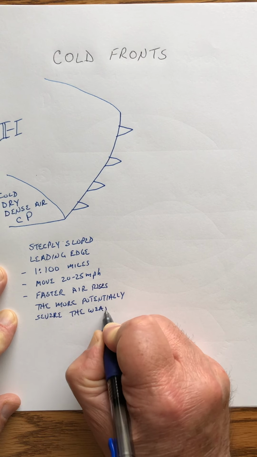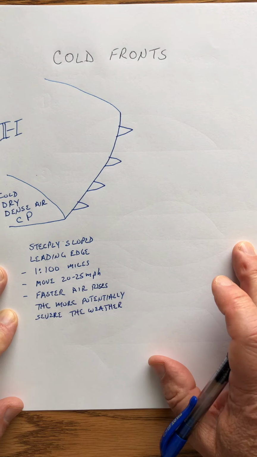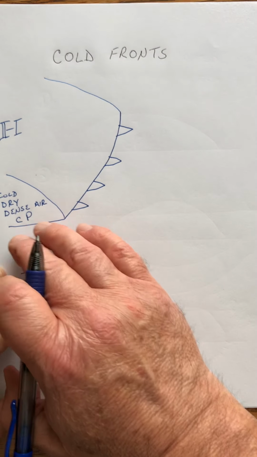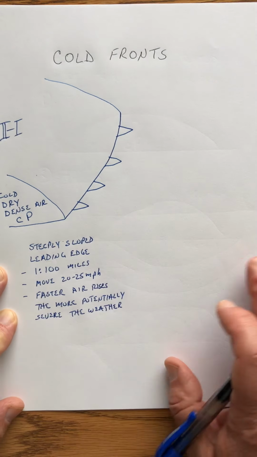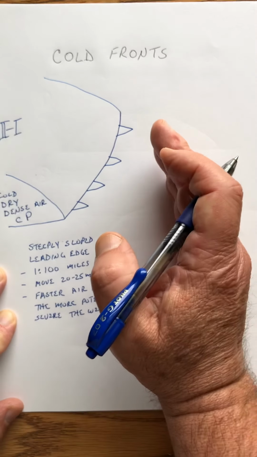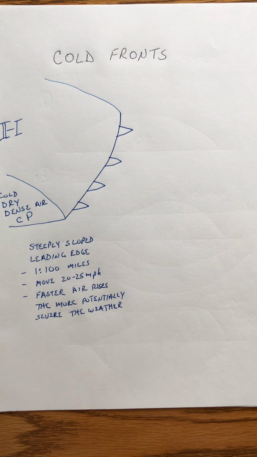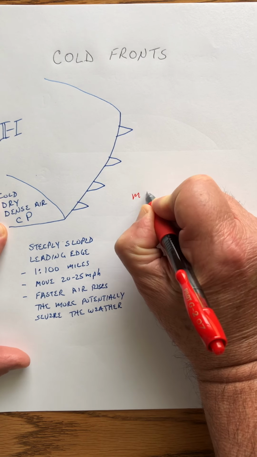And so you'll notice that when we get a really strong outbreak of severe weather, it's because we've got a really strong cold front, really a huge difference in the temperature and moisture content of the air behind the front versus ahead of the front. Now, ahead of the front is going to be, by definition, maritime tropical air.